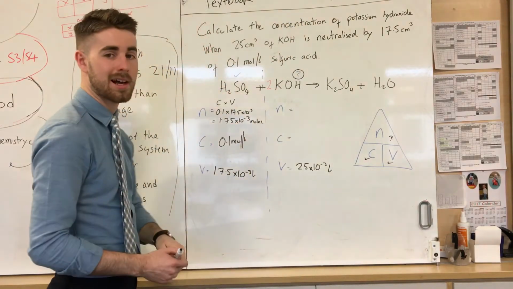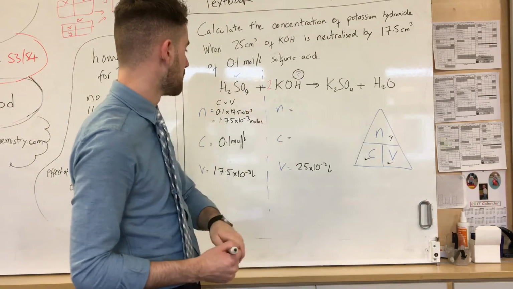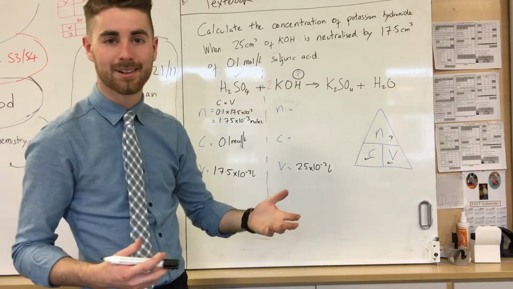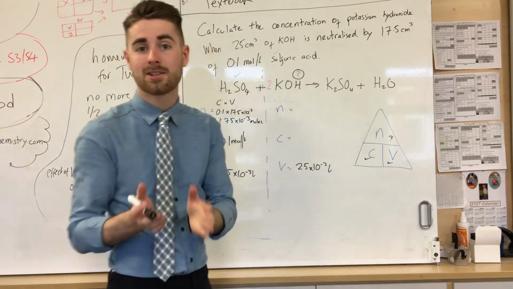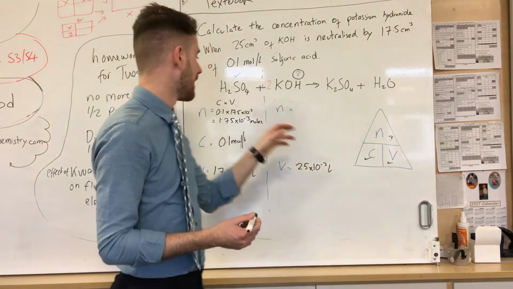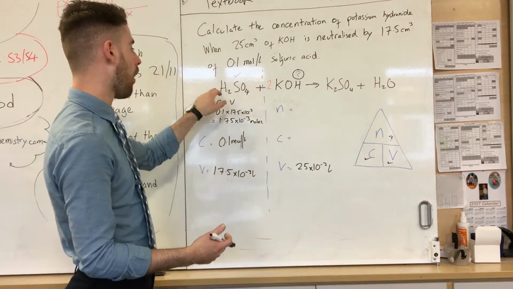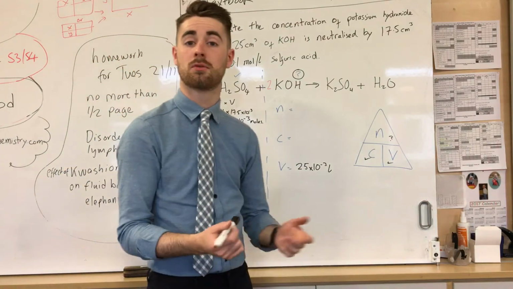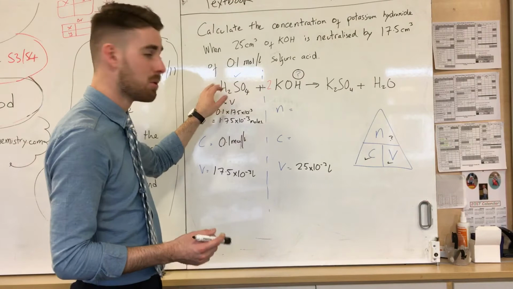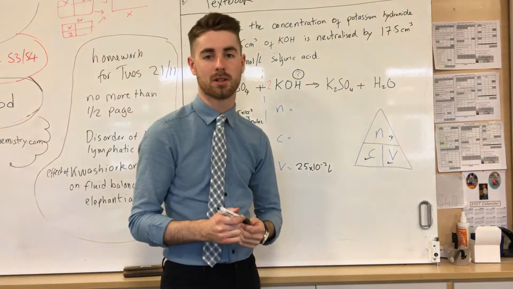First of all, we need to look at the mole ratio. So can we directly just transfer the number of moles over from sulfuric acid to potassium hydroxide? Well, we can if it was a 1-to-1 ratio, but what we have here is a 1-to-2 ratio. So let's say we had 1 mole of sulfuric acid, we would have 2 moles of potassium hydroxide. And if we had 5 moles of sulfuric acid, we would have 10 moles of potassium hydroxide.